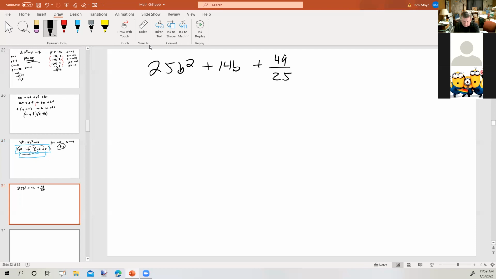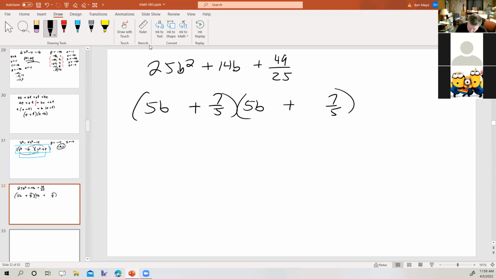It's in standard form. Doesn't appear to be a greatest common factor. I wonder if it's a perfect square. Let's see. We'd have 5b and 5b. 49/25 would be what? 7/5 and 7/5, right? 7 times 7 is 49. 5 times 5 is 25. The middle term's positive, so a plus and a plus.